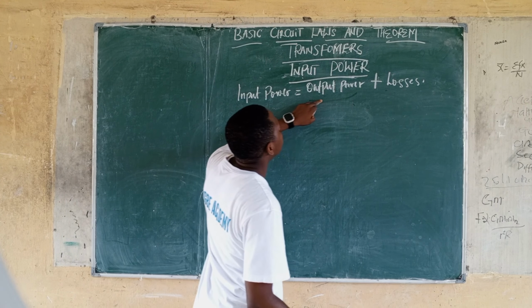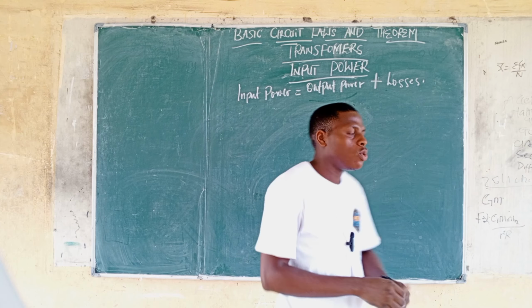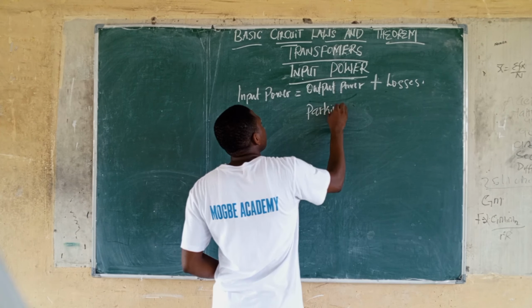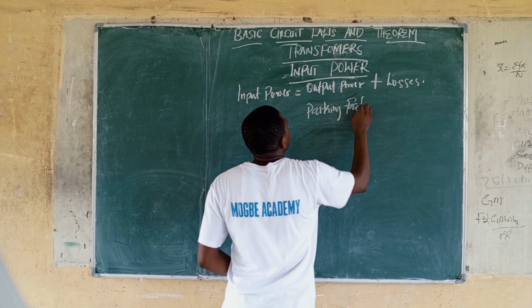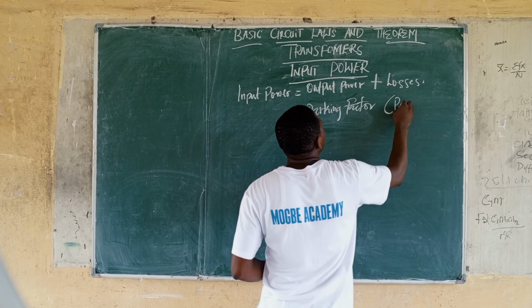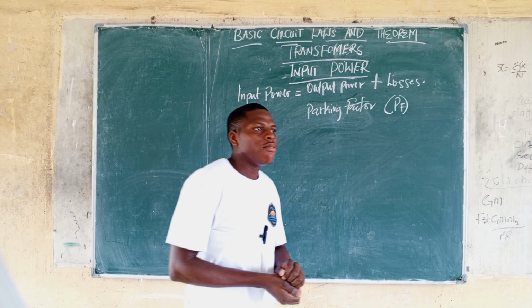Now the output power, we should know that the output power consists of what we call the packing factor. Now this packing factor is denoted by PF. What is the packing factor?